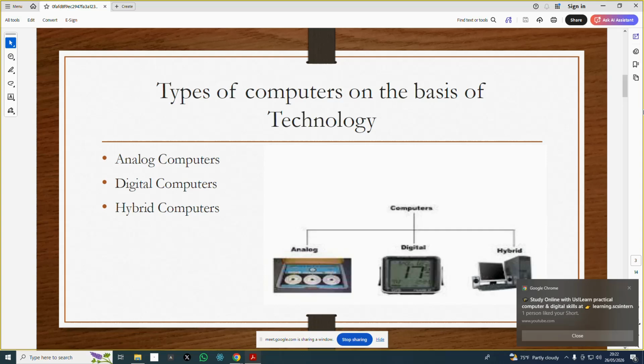So, analog computers. Who has ever used the TVs that used aerials? We ever used them, but now they are no longer there. All of you have ever used them.